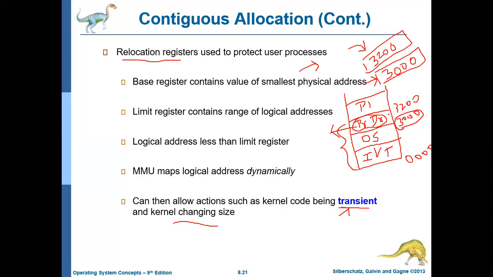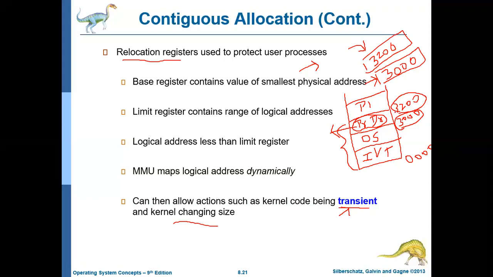If it stays, then the operating system size will increase. If the operating system size increases, then accordingly the other processes' relocation register or base register content should be updated. Similarly, if the operating system size decreases, then also the base register content or the relocation register content of other processes should be updated.